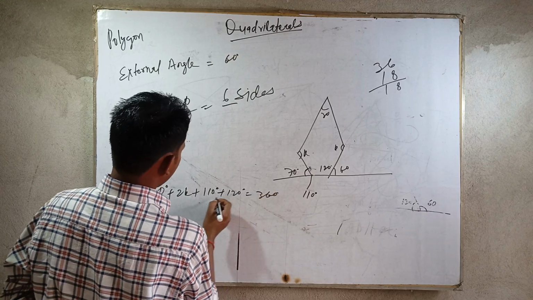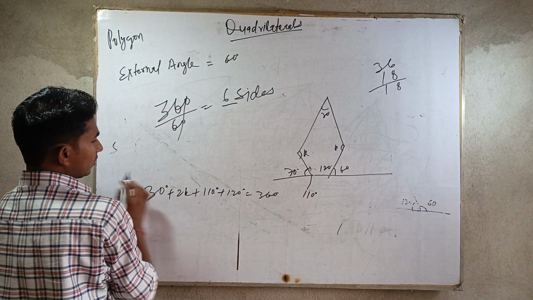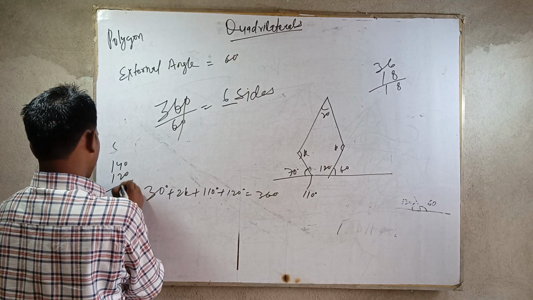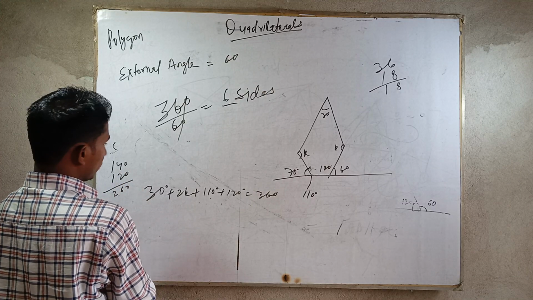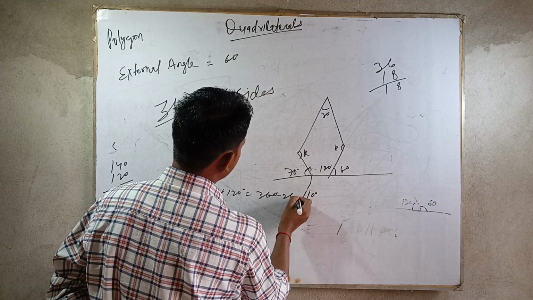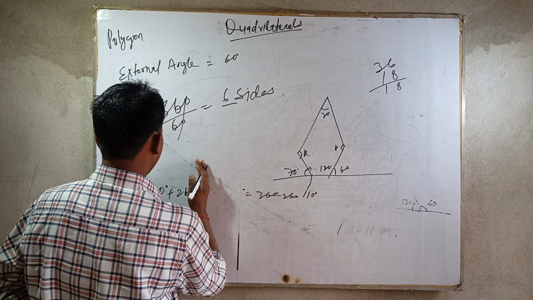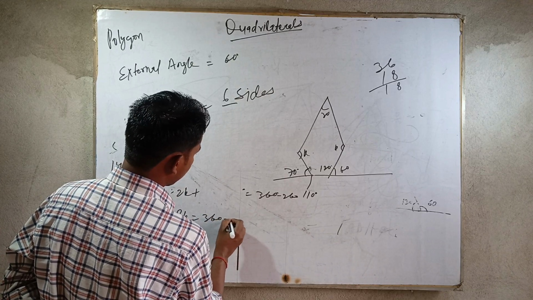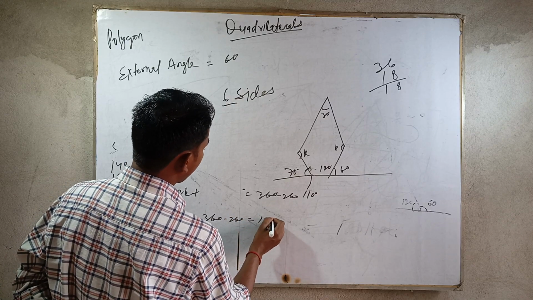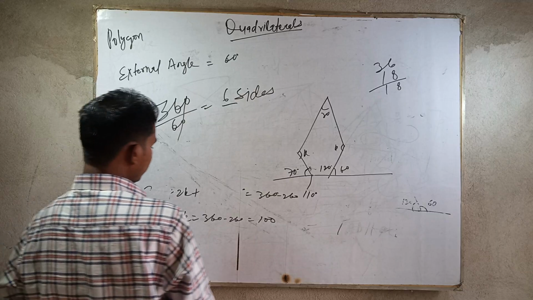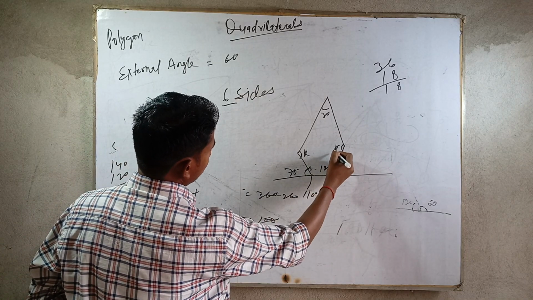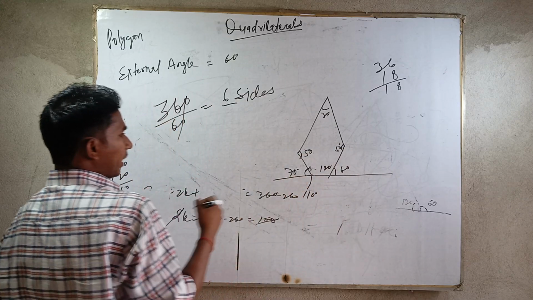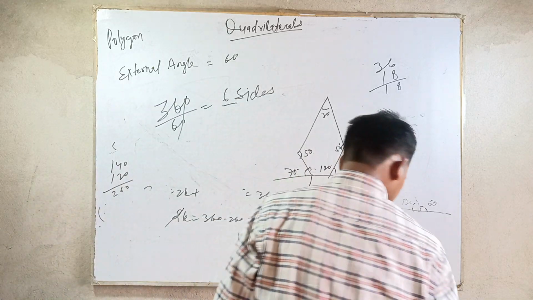Now if I write this, 140 plus 120 equals 260. If I replace the value, 2x equals 360 minus 260, that means 100, so its value is 50 and the other one will also be 50. By these types of angles you can solve.